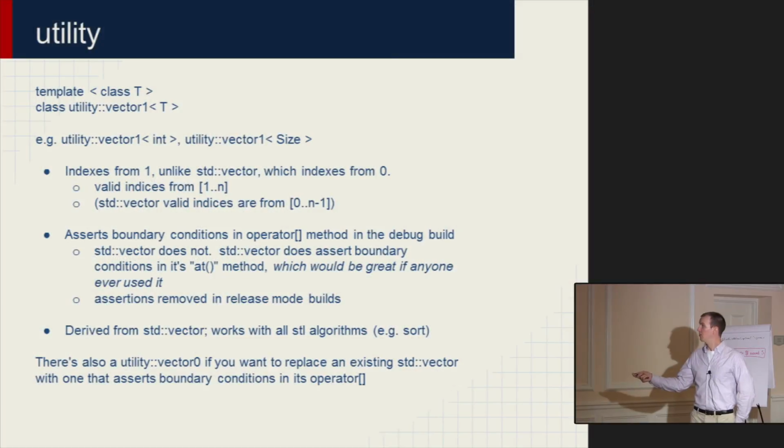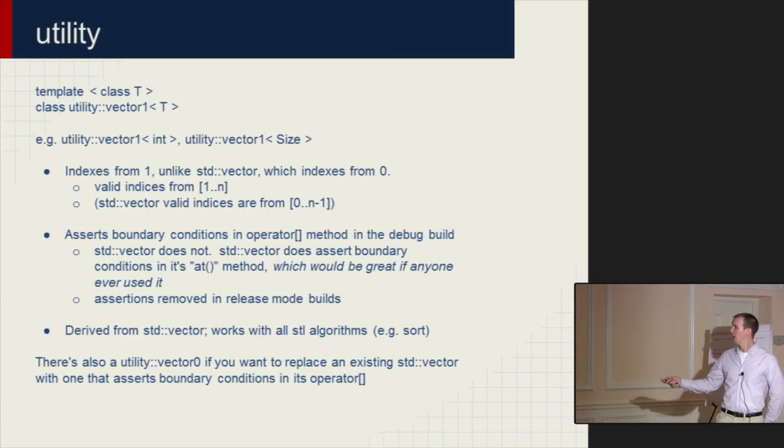But in any case, utility vector1 indexes from 1. So it's unlike standard vector, which indexes from 0. So the valid index range for it is 1 up to n.